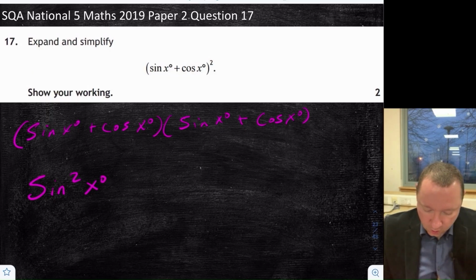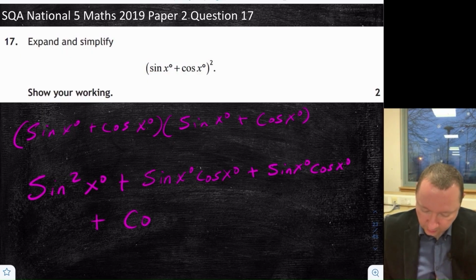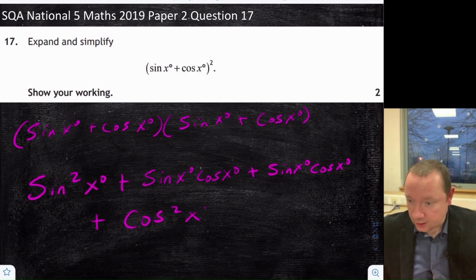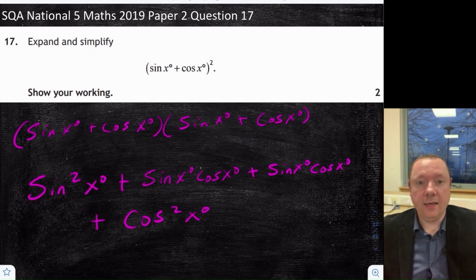Outside sine x cos x, so it's sine x cos x. Inside is cos x sine x, but I'll just write sine x cos x to keep the order the same. And cos x times cos x is cos squared x. So that's your first mark there for getting your expansion, and then for tidying it up.